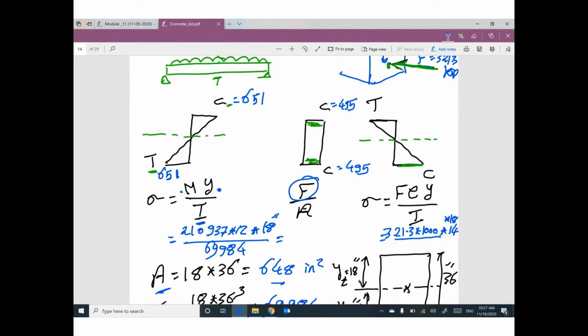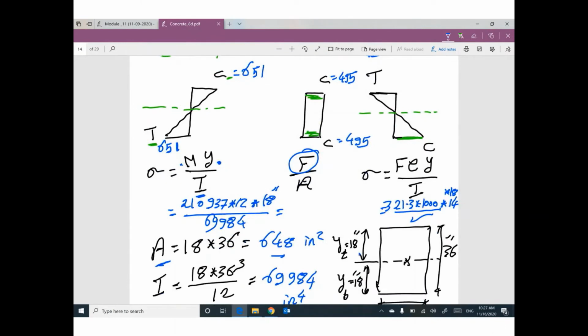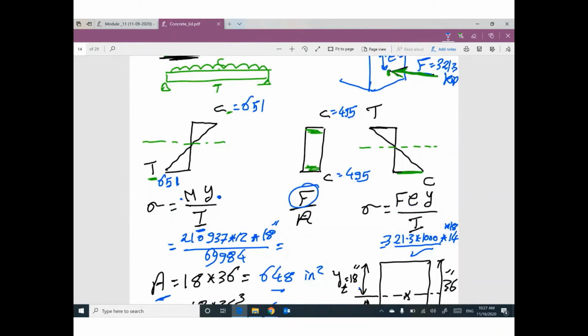I, we calculated I. So 321.3 times 1,000 times eccentricity 14 inch times Y 18 inch divided by I, 69,984. This stress will be 1,156.